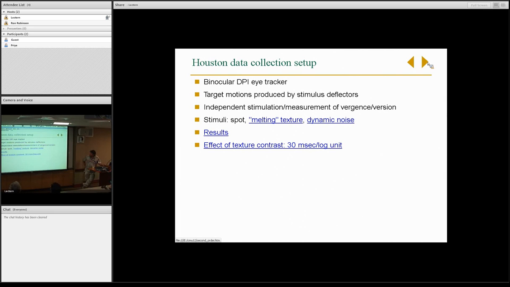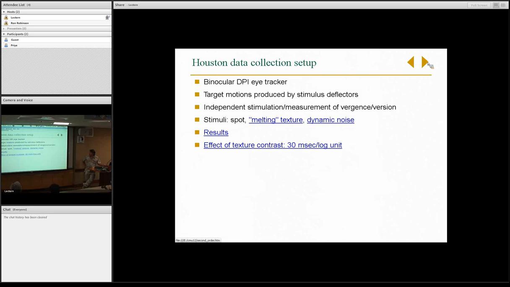But we use the stimulus deflectors to generate the motions of the targets. That is very convenient because we can look through the instrument and put up whatever we want on a screen, and it can be stationary, and then we generate the movements by sending signals to the little motors.